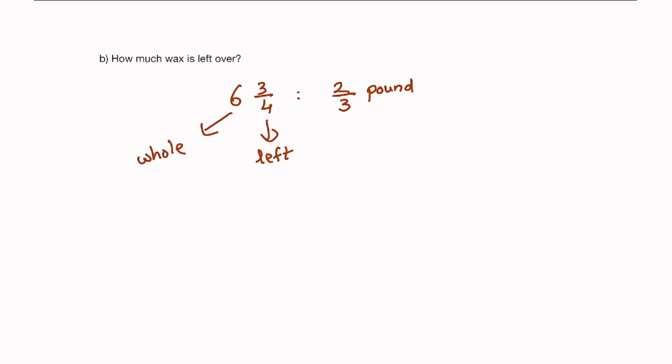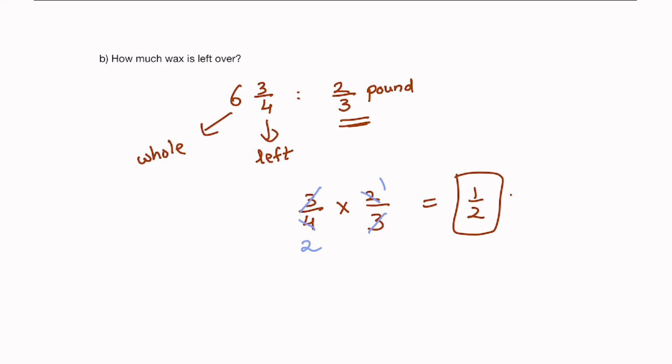So as we did before, 3/4 is left of this because that's the weight of each one, right? So 2/3. Now here, 3 and 3 cancel out. 2 times 1, 2 times 2. That means we have 1/2. Same as before. Okay, so that's what we are left with. Ready for the next? Let's go.